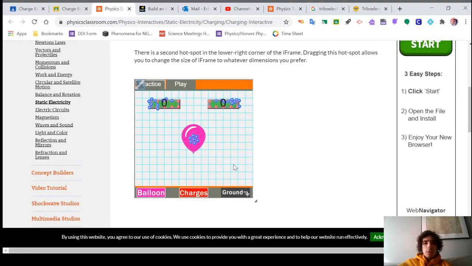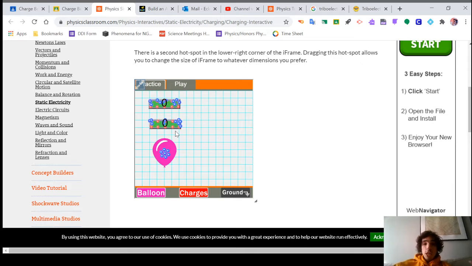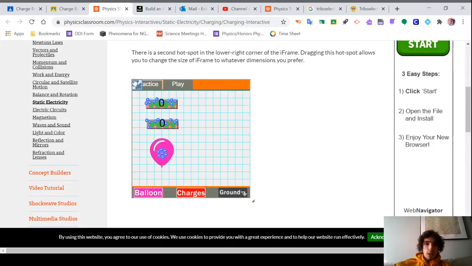Now, if we come back to the simulation, the next charging process that you all looked at was induction. When you did that, I asked you to bring these 2 rods close, bring the balloon close by them, and you can see even before any charging occurs, because both of the rods are still neutral, even though their electrons are bouncing around, a polarization process.